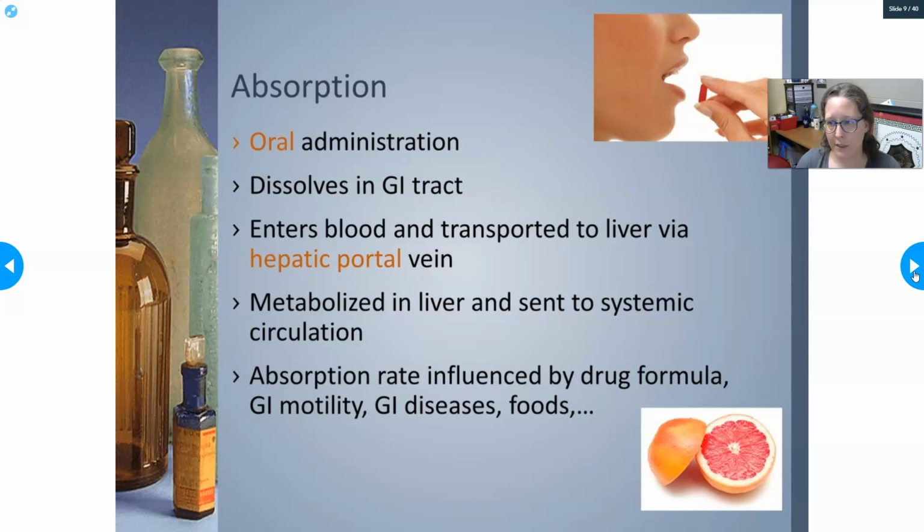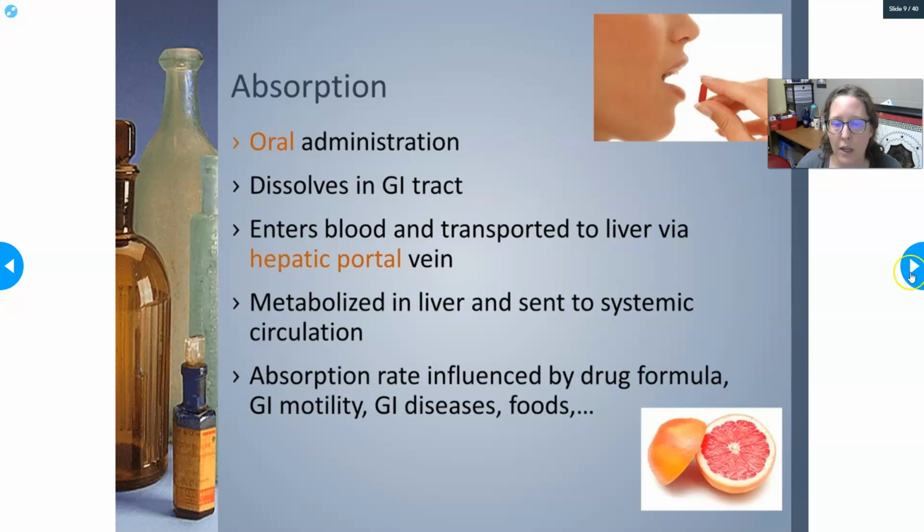And so everything that absorbs goes straight to the liver, and the liver starts processing and detoxifying things. So for an orally administered drug, of course, you would need a dose high enough that it can survive this, what we call first pass, which is the absorption from the GI tract going straight to the liver, so that it can actually reach systemic circulation and go to the site of action and have its effect.